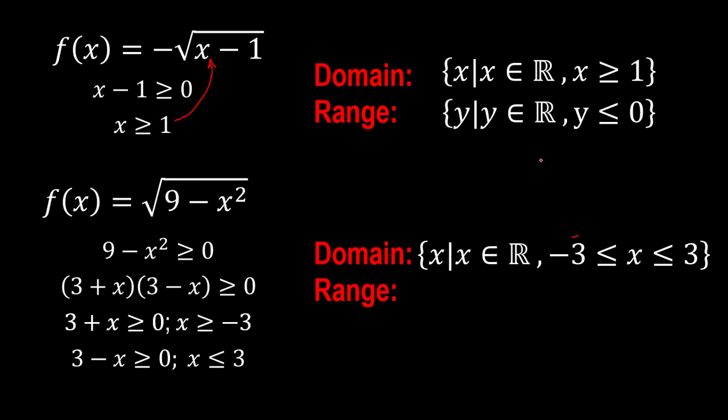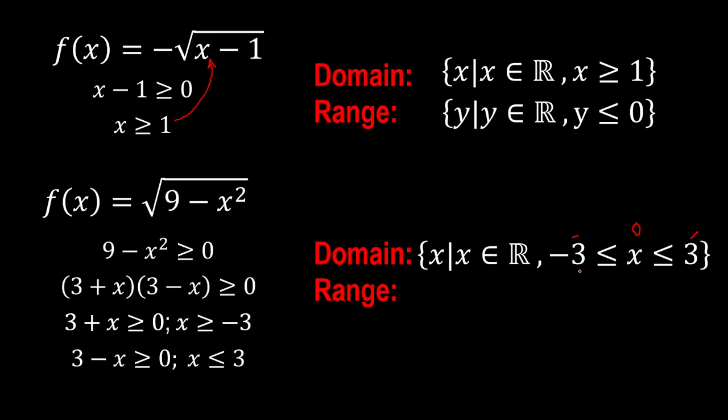Now let's identify the halfway point. From negative 3 to 3, there's a value of 0. If x is equal to 0, we have 9 minus 0, which is 9. The square root of 9 is 3. So as you notice, we have the values from 0 to 3.